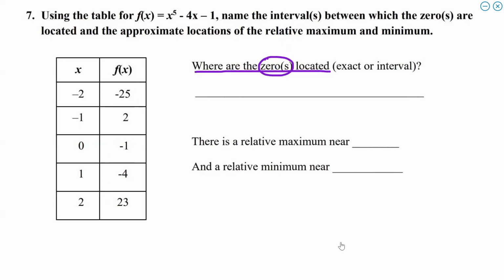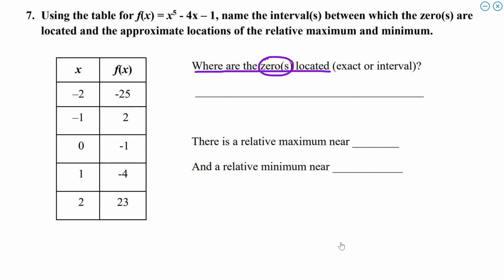Yes, when it switches from a negative to a positive or from a positive to a negative. The reason I'm looking for that is think about when you connect the dots, right? If I start off with a negative value, so I'm down here, and then I need to connect it to something positive, what do I have to cross? I have to cross the x-axis. I have to cross over where it would be 0.